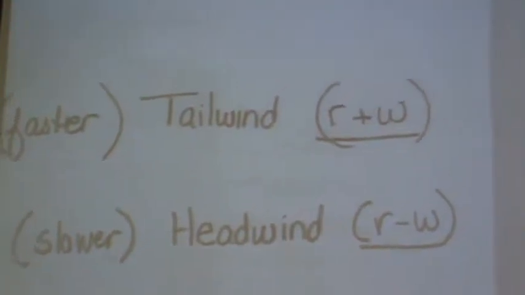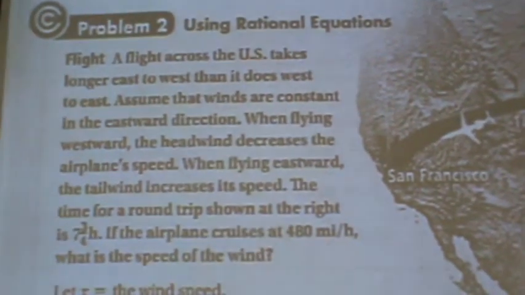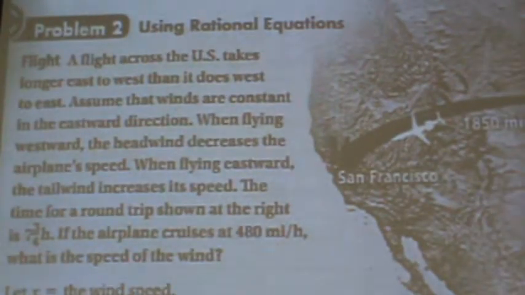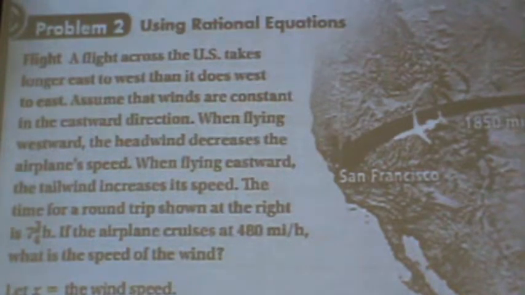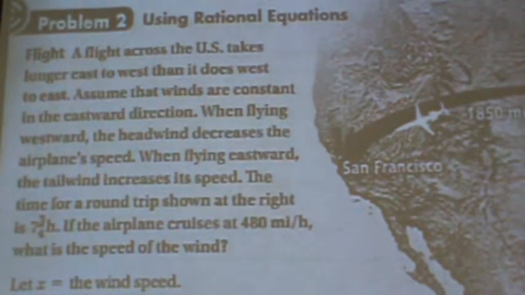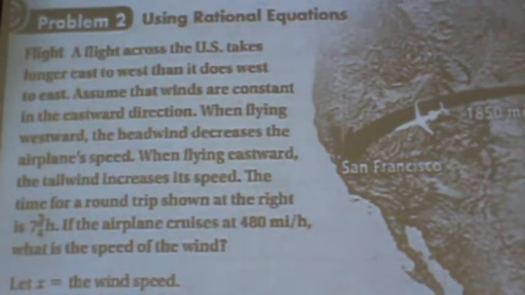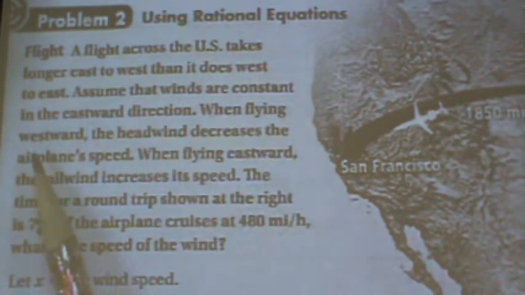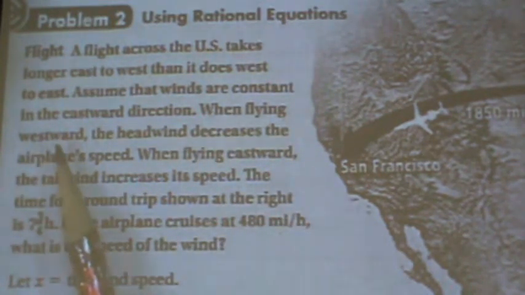Now, let's apply this to this story problem. A flight across the United States takes longer when you go east to west than it does west to east. Why? Because of the wind. We're going to assume that the wind is constant, not changing, and we're going to call the wind speed W. When you're flying west, to the west coast, where's the west coast?